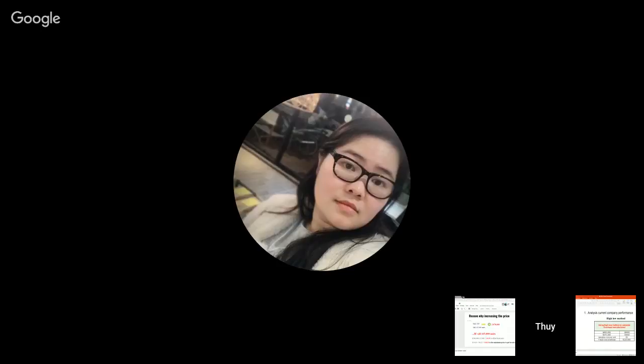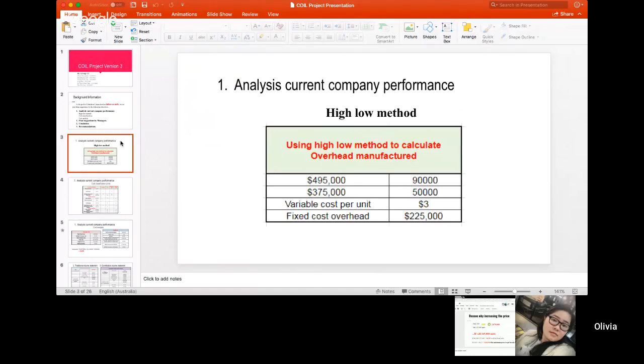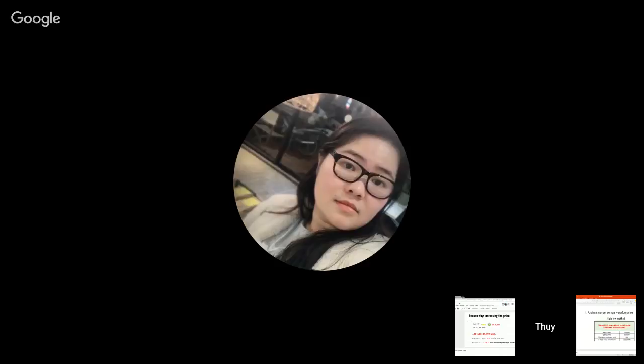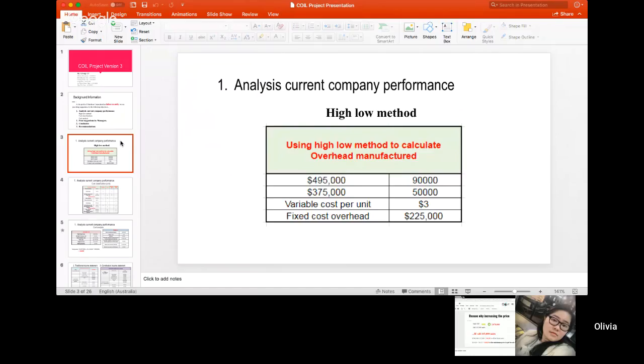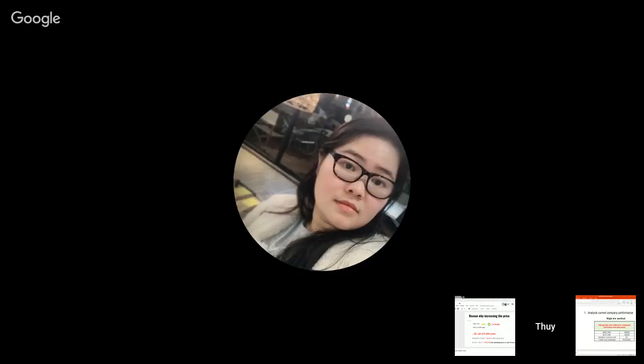For the first question, we will use the high-low method to clarify the overhead cost. We take the highest cost, 495,000, minus the lowest cost, 375,000. Then we divide the change in cost by the change between the highest and lowest point in quantity, and the variable cost per unit is equal to 3.